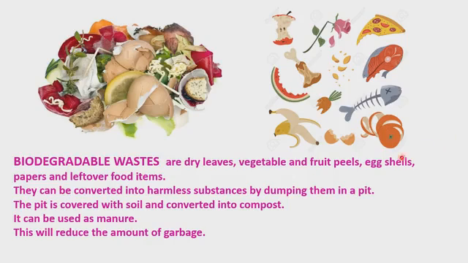First one, biodegradable waste. Biodegradable waste means dry leaves, vegetable and fruit peels, eggshells, papers and leftover food items. Daily some leftover food will be there in every house and hotel, no? All these things come under biodegradable waste, and they can be converted into harmless substances by dumping them in a pit.